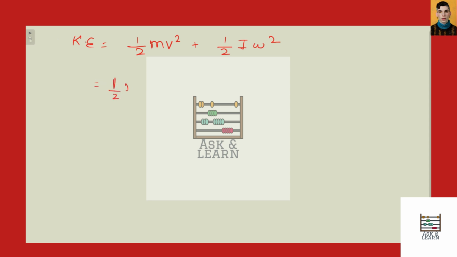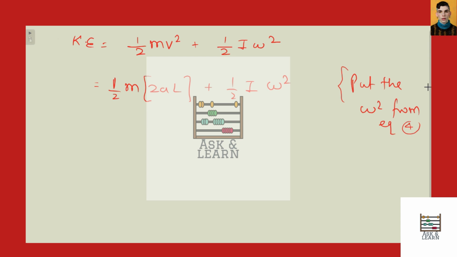So this is half m v square, where v square is equal to 2al. This is from the equation of motion, plus half I omega square. Now put the value of omega square from equation fourth.